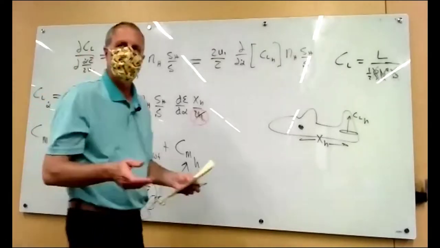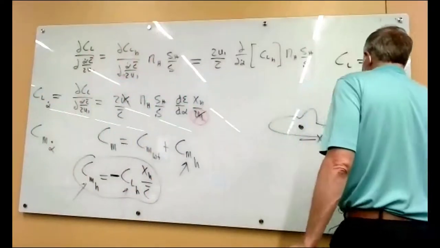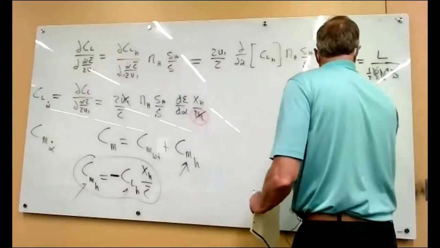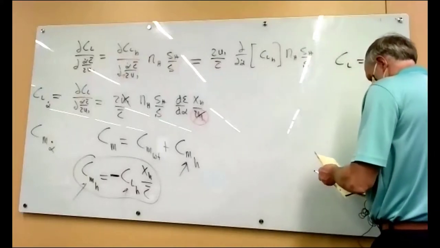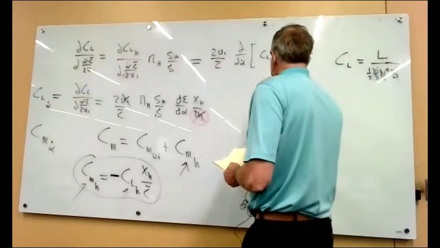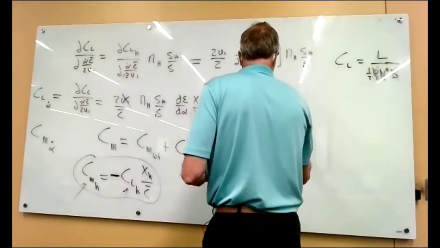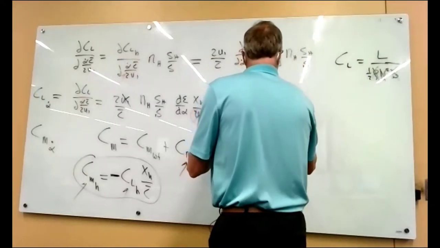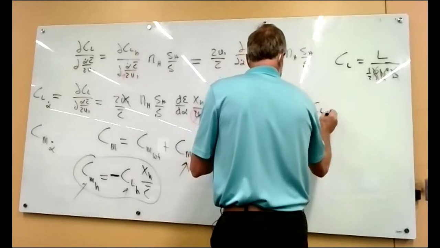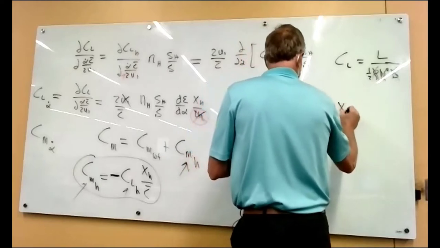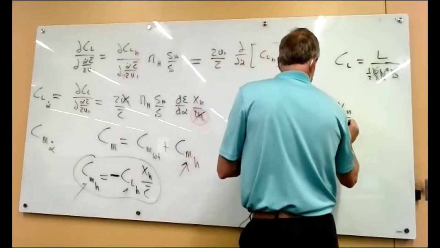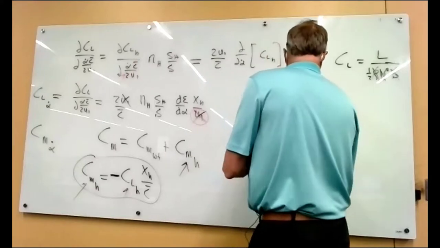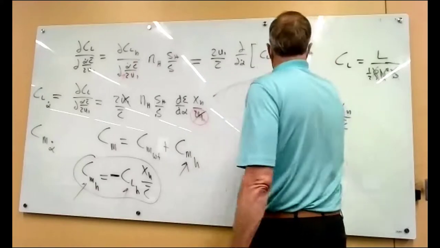And so that's the formula in your book that it points to in that matrix for calculating CM alpha dot. So I just use this formula in here.